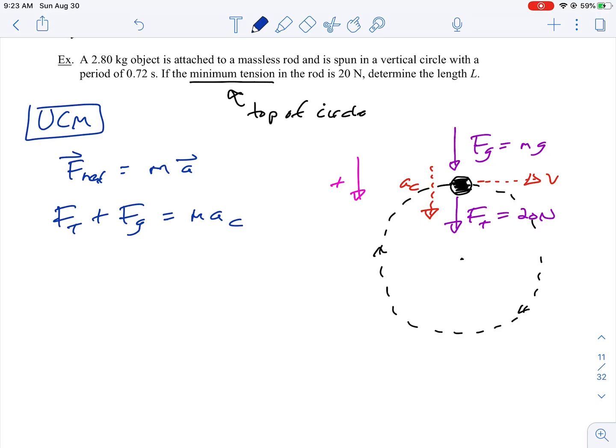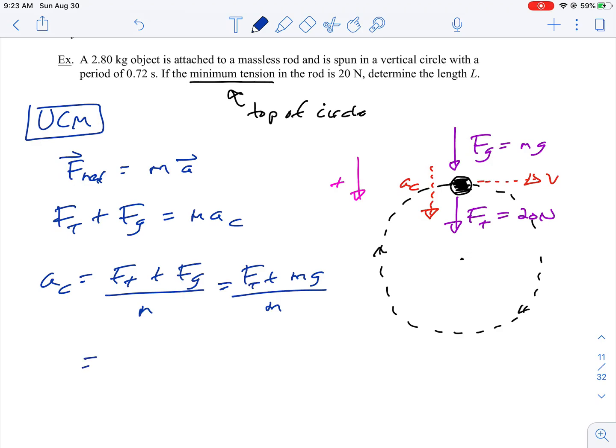And it turns out we actually know enough to find AC. We can see that AC will be equal to Ft plus Fg divided by the mass, or Ft plus Mg divided by the mass.